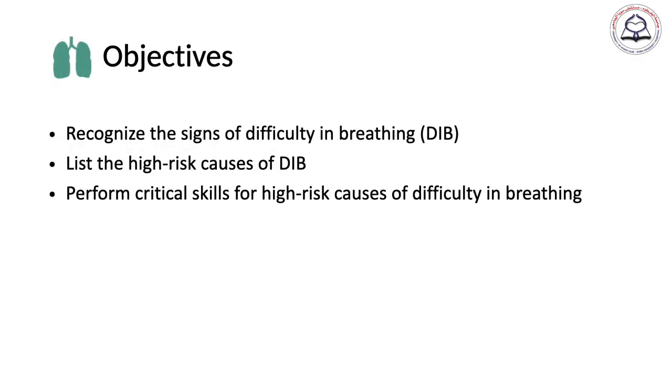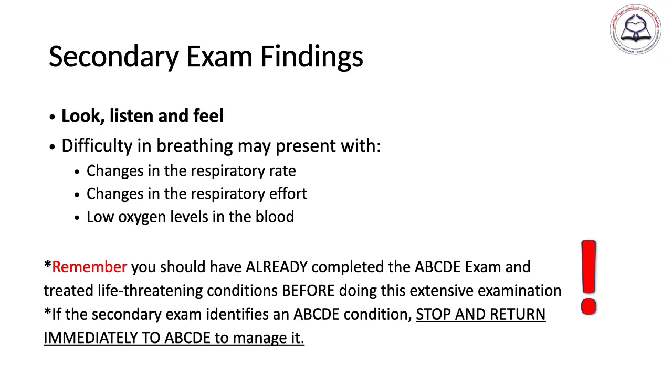Objectives, as I mentioned in the first session of difficulty in breathing: we would like to recognize signs of difficulty in breathing, list high-risk causes of difficulty in breathing, and perform critical skills for high-risk causes of difficulty in breathing. Before we do the secondary survey, we should have finished the primary survey.